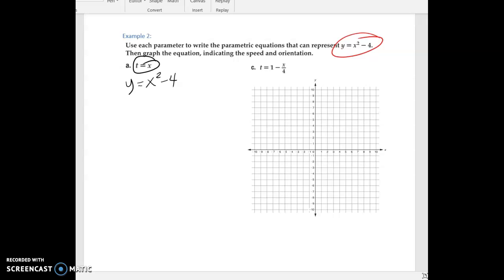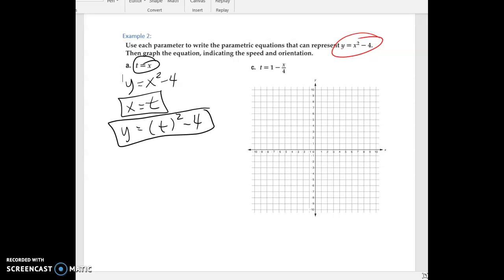So if t is equal to x, then x is equal to t, obviously. So there's my x equation. Now I want to write a y equation with a t in it. Well, if x is equal to t, all I have to do is replace the x in the x squared minus 4 with the t. And there is my set of parametric equations.